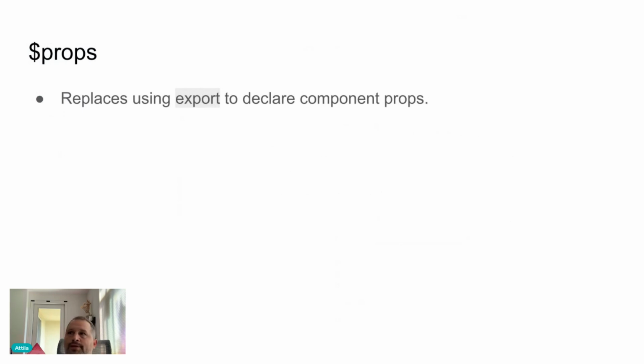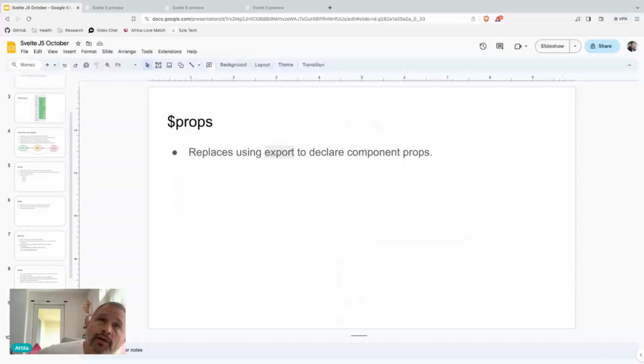So props essentially replaces the need to do that export syntax. Again, it's similar to state. Using props is probably a little more explicit versus doing what you could call tricks or magic around export. Again, some people like that, some people don't.